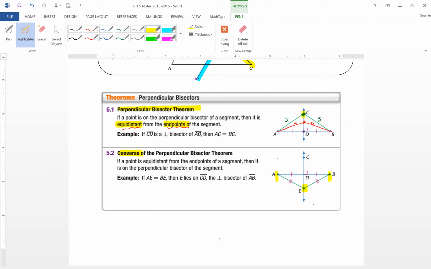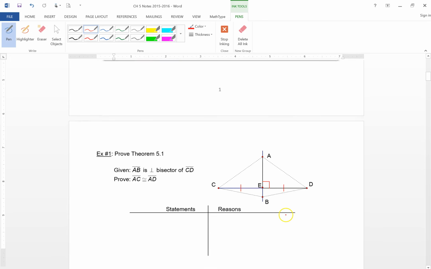So that's what the converse is. If a point is equidistant from the endpoints, then it is on the perpendicular bisector. Questions? Yes, no? Okay. So let's move on.